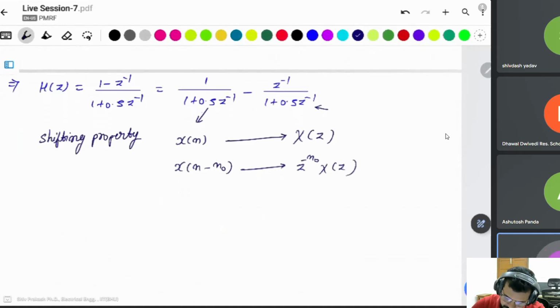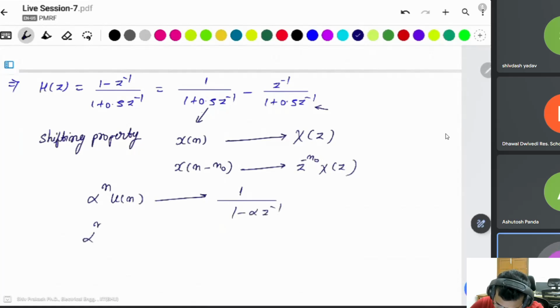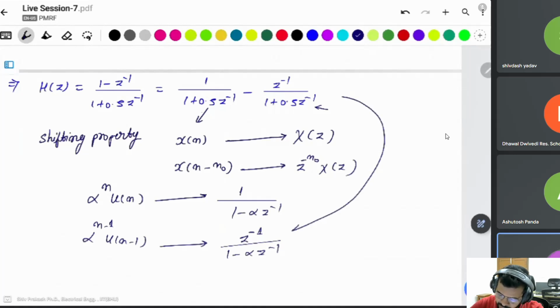Okay, suppose for example alpha to the power n u[n] has a Z transform of 1 divided by 1 minus alpha z inverse. If we put some delay here, n minus 1, a single unit delay, u[n minus 1], then the single unit delay is also reflected in terms of z inverse divided by 1 minus alpha z inverse. These two are the same.